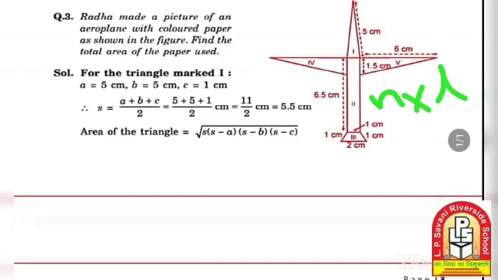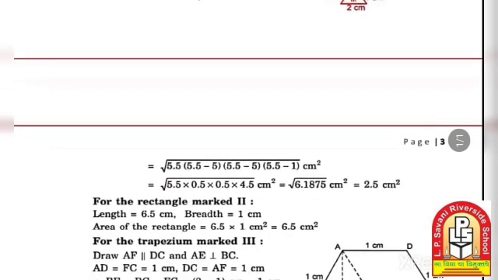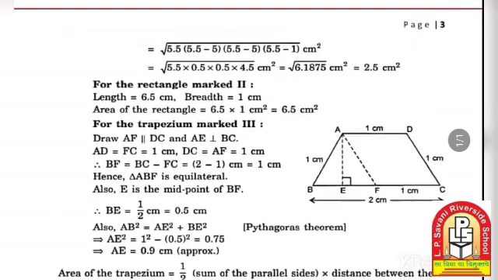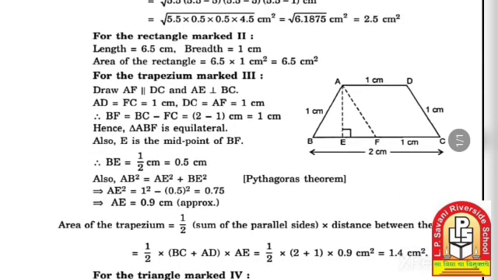So the height is 1 centimeter and the length is 6.5 centimeter. By using the length and breadth, the area is equal to length multiplied by breadth, that is 6.5 centimeter square.